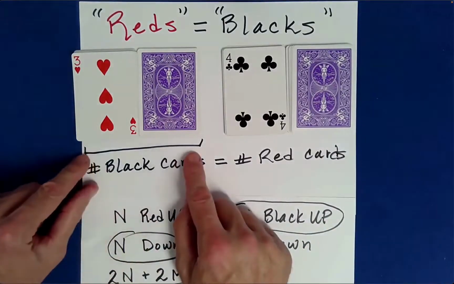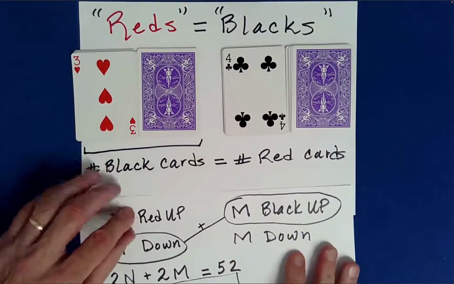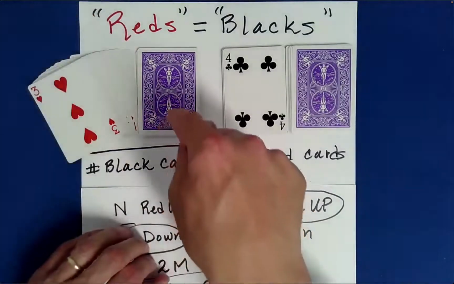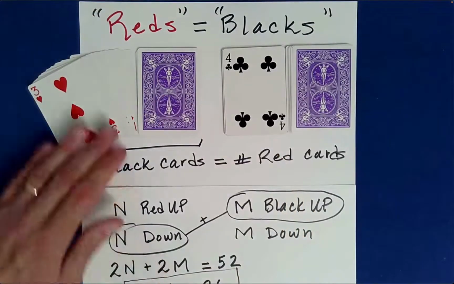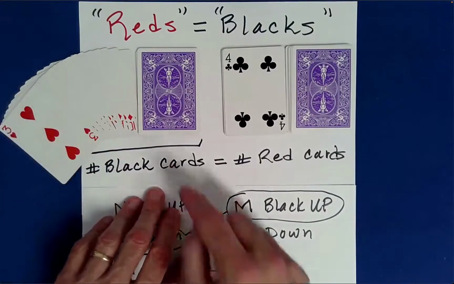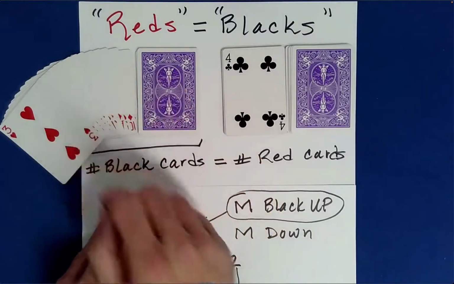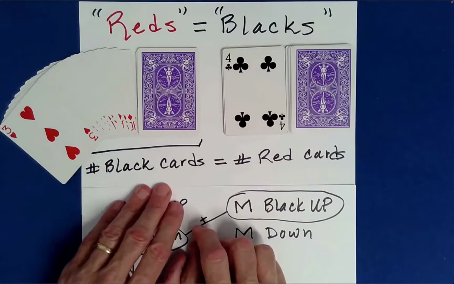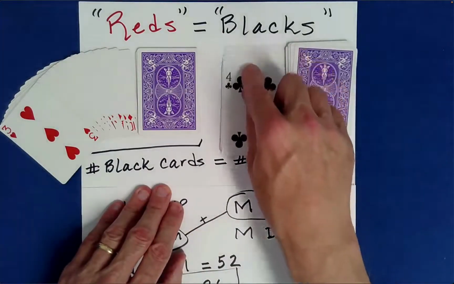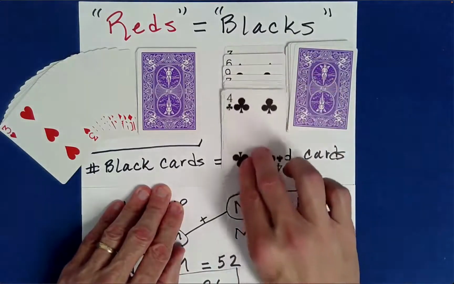Well, just look at this. The number of black cards in this half will be completely determined by the number of black cards in here. Right? Because there's no black cards in here. These are all red. So we can say the number of black cards in this packet, because there's none there, must be equal to the number of red cards in this packet, because these are all black. Right? Okay, these don't contribute any red cards.